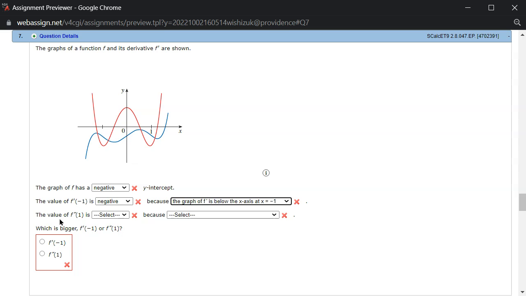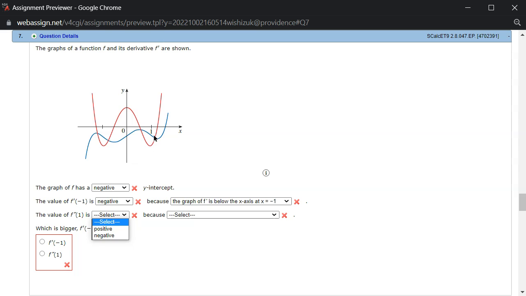The value of f double prime: this tells you about the rate of change of the first derivative, right? If you look at x equals 1, around here you can see that the derivative is actually increasing.